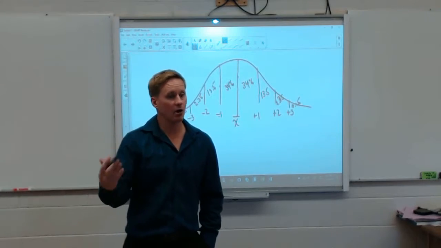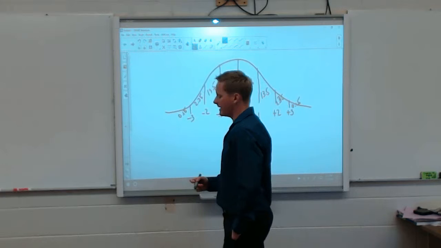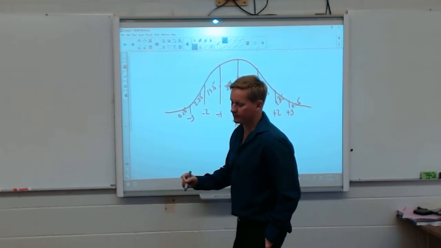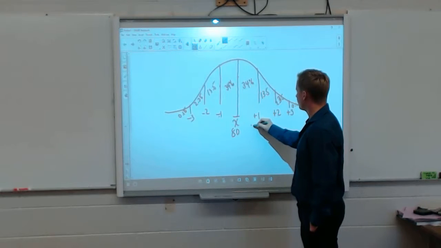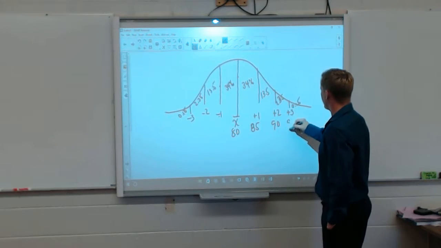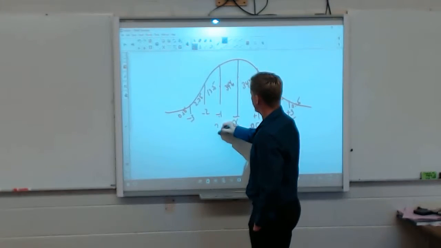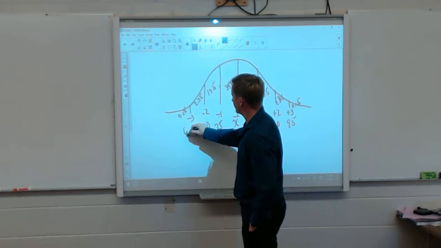But that's not how this only works, okay? So for example, let's say I have 80 here, and my standard deviation is 5, so that makes this 85, this 90, and this 95, and then 75, 70, and 65.